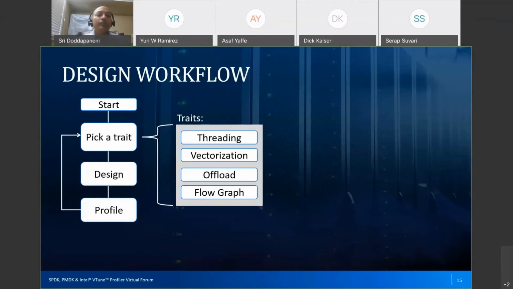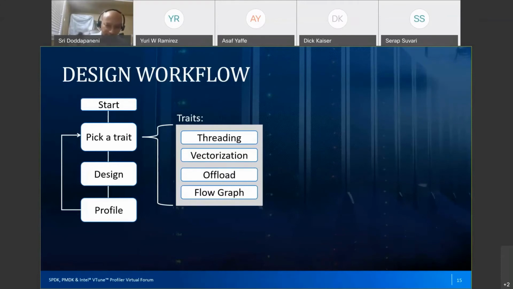Then the workflow I will illustrate in Advisor lets you start analyzing and asking: is there an opportunity to increase threaded parallelism in the code? If I have to do it, what kind of code refactoring or changes do I need to make? And in the end, will they be profitable? You can do a lot of that modeling and then iterate.